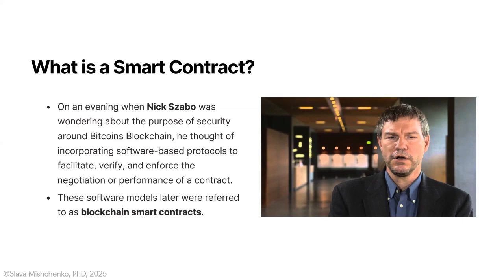Let me paint a picture for you. Imagine traditional contracts. They require intermediaries, trust between parties, and often complex enforcement mechanisms. What Szabo envisioned was different. He thought about creating software-based protocols that could automatically facilitate, verify, and enforce contract terms.